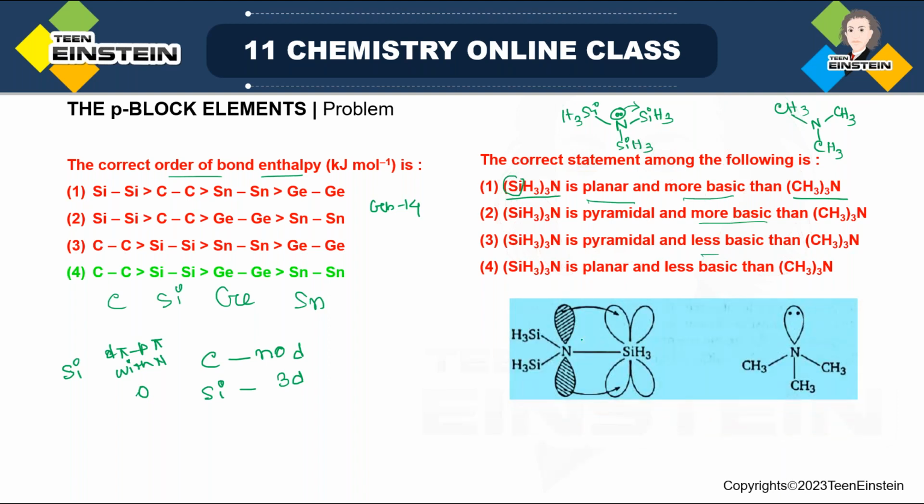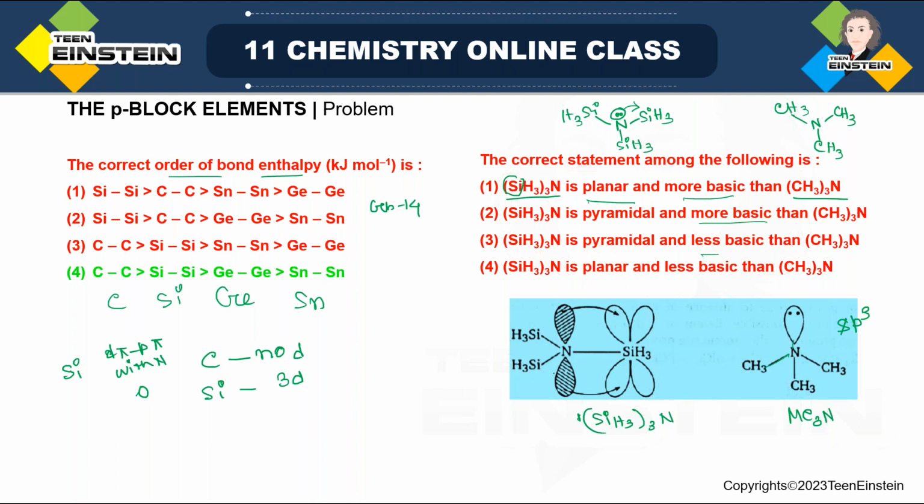Look at this picture. The first compound is (SiH3)3N, and this is Me3N. Here, if you consider the lone pair, there are a total of 4 positions, so it is tetrahedral with sp3 hybridization, with an angle of around 109 degrees.